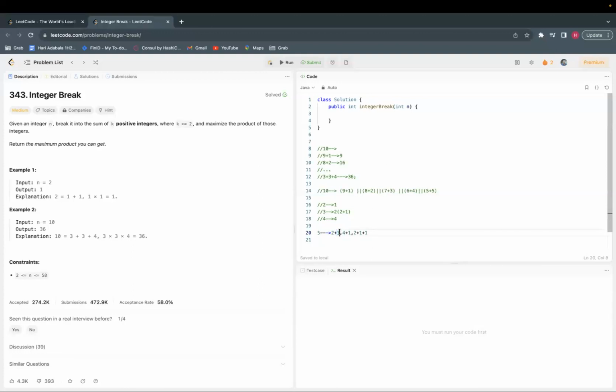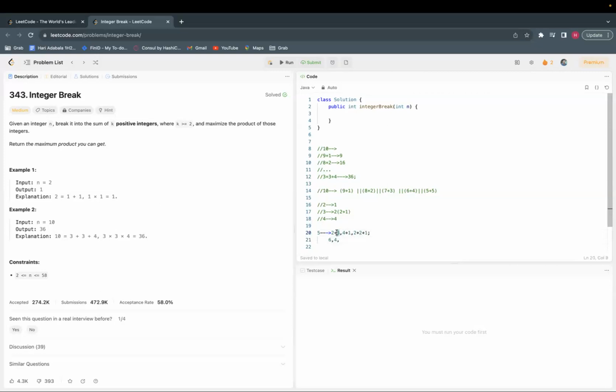For this, the answer will be 2 star 3, that will be 6. And for 4 plus 1, we can break 4 further, but for max we have for 4 the answer as 4 only. 4 star 1 will be 4. And then 2 plus 1, we have already covered.